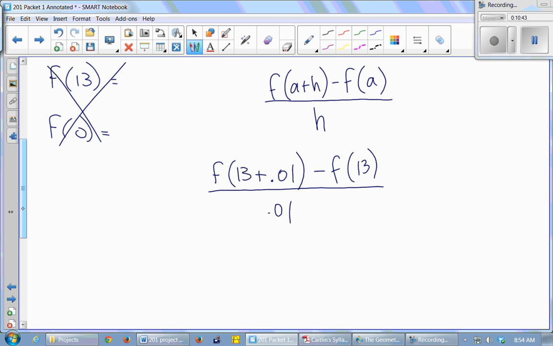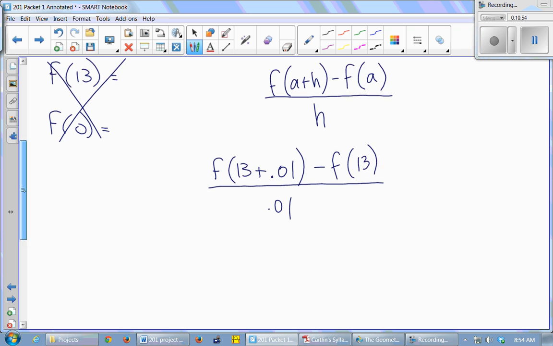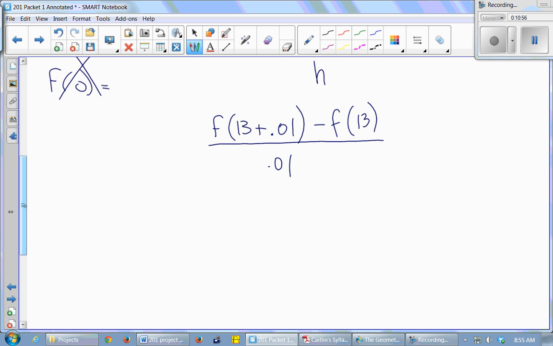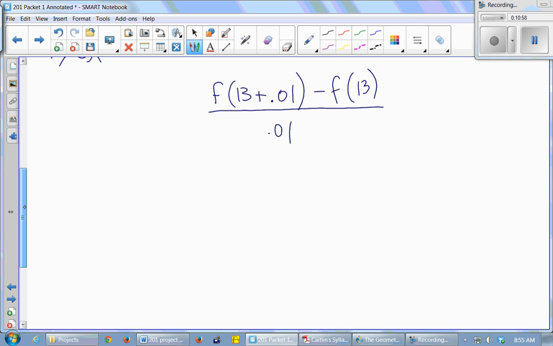So I just wrote down the definition for average rate of change. I'm going to use a small value of h, which would make it a good approximation for the instantaneous rate of change. All right, so now I'm just going to plug these things into my function f.